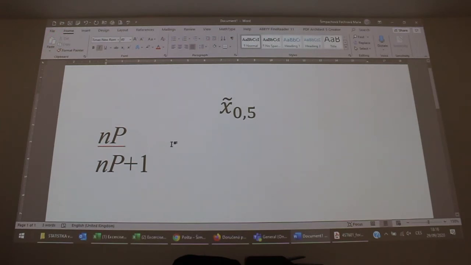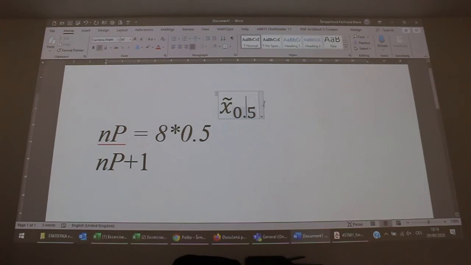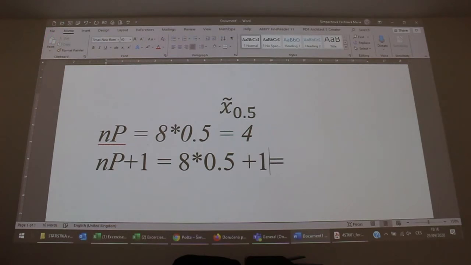Okay, so n times P is equal to how many prisoners do we have in our statistical sample? 8, yes? 8 times 0.5. I'm sorry, I will use a dot, because this is an English subject, statistics in English, so I will use dots instead of commas, sorry for this. 8 times 0.5 is equal to 4, and what is here? 8 times 0.5 plus 1, sorry, plus 1. 4 plus 1 is equal to 5, yes?